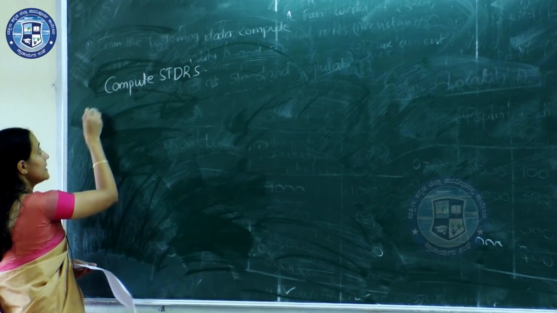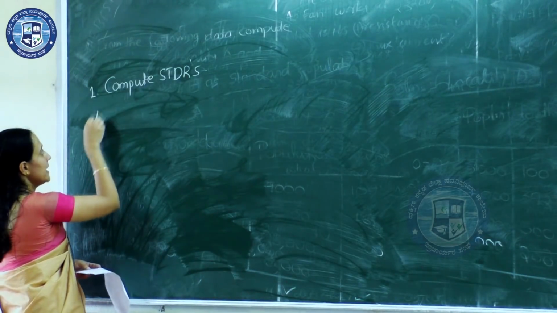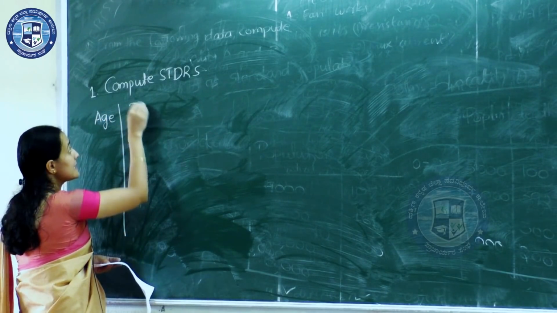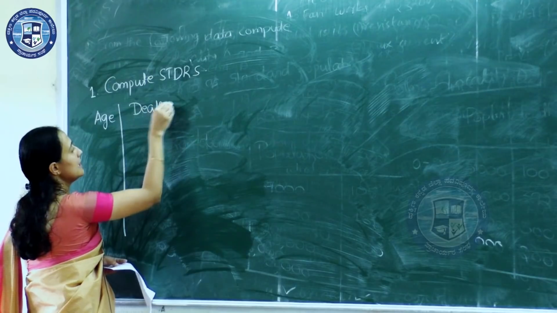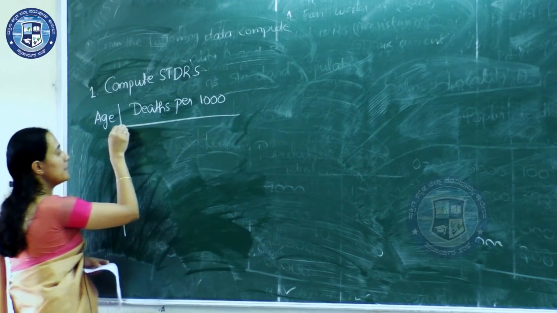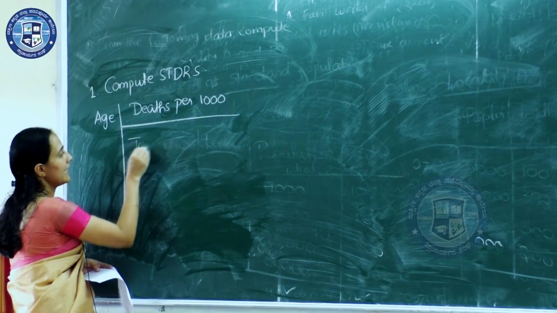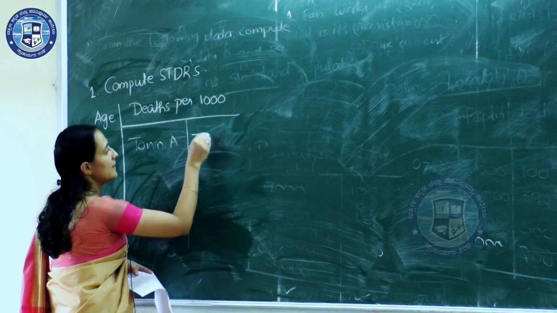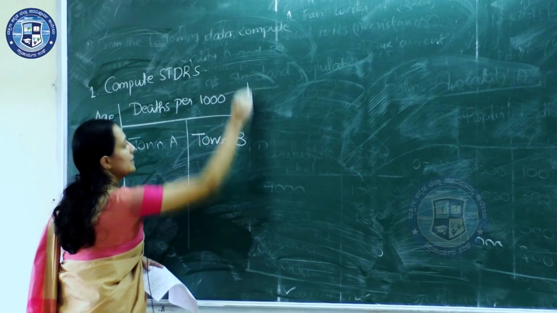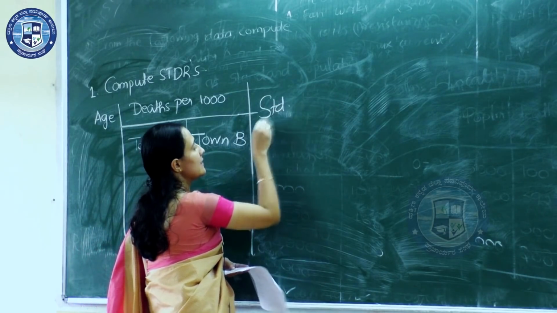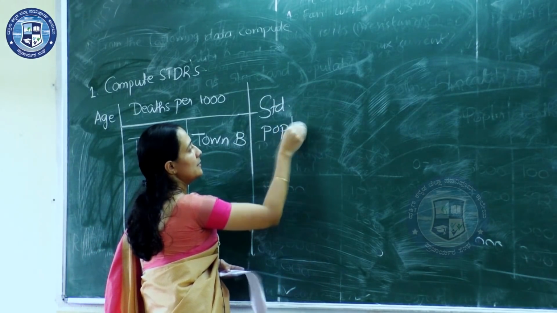Suppose this is the question. Age is given, then deaths per 1000 for town A and town B. Here the standard population is given separately.